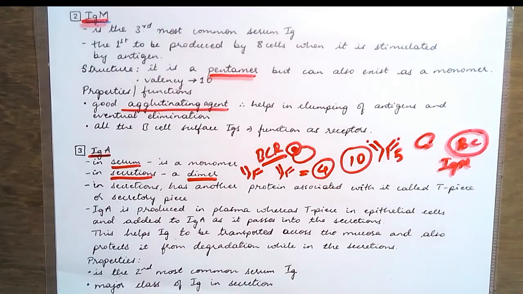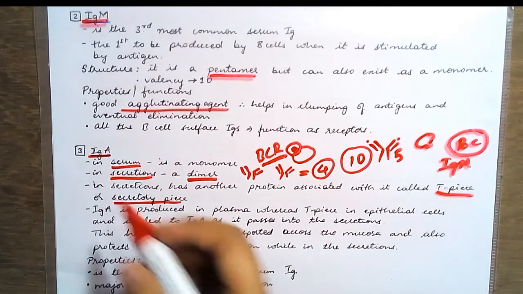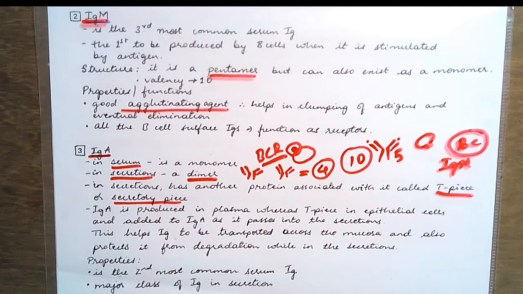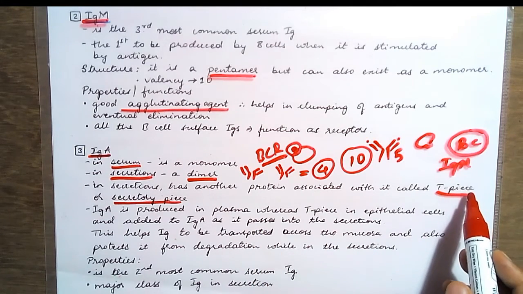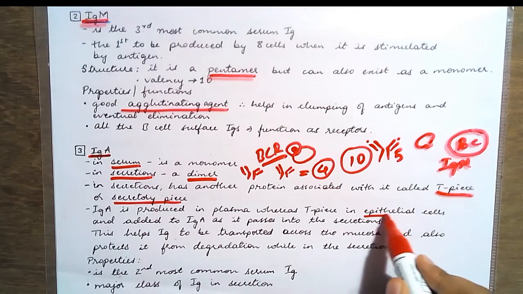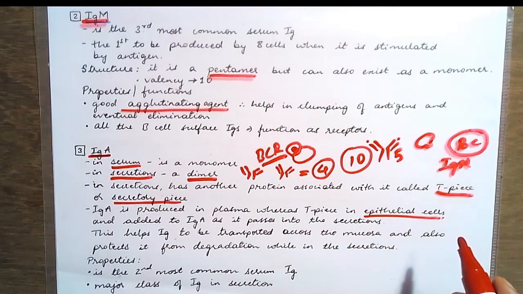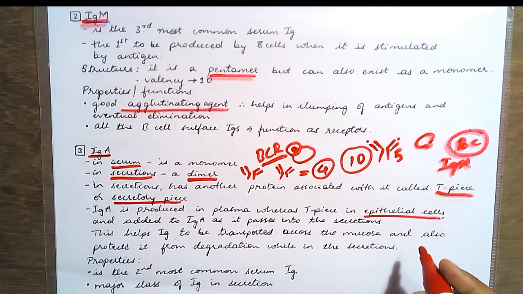In secretions they have another protein associated with it, which is called a T piece or secretory piece. The IgA part of the immunoglobulin IgA, which is present in secretions, is produced in the plasma cells, whereas the T piece is produced in epithelial cells. Okay, and then it is added to the IgA as it passes into the secretions.